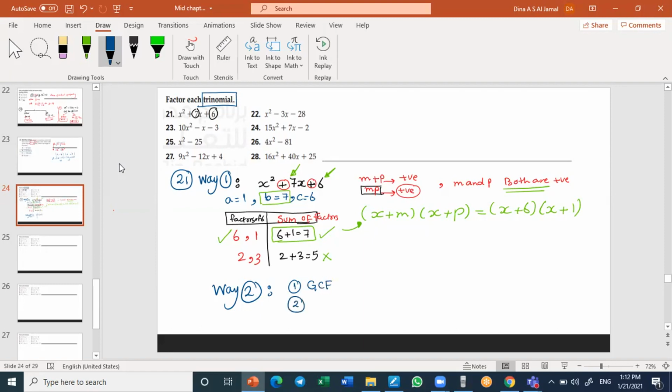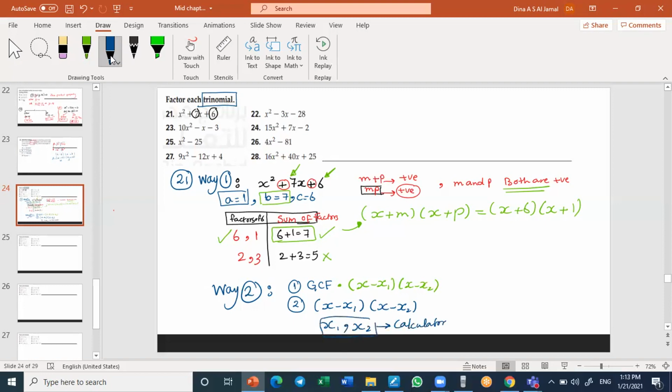Second thing, if it doesn't have a GCF and A is equal to 1, directly you will put x minus x1 and x minus x2. But in the case of the GCF, you will multiply your GCF by x minus x1, again x minus x2, where your x1 and x2 will be taken from the calculator with the same signs.